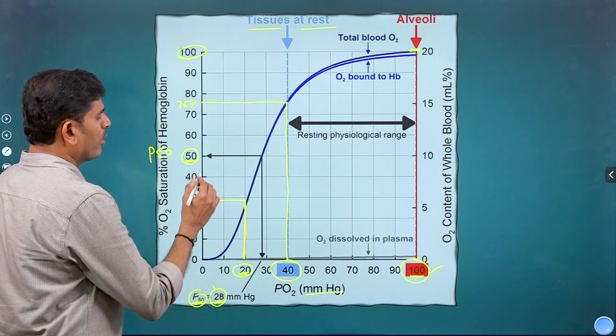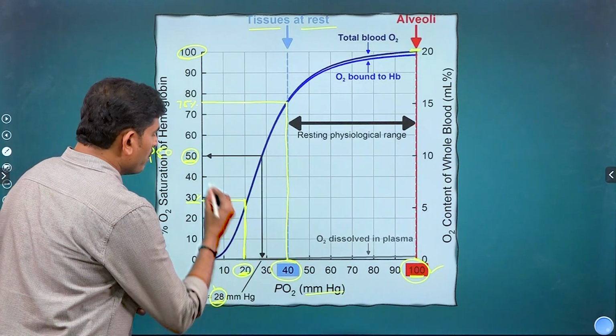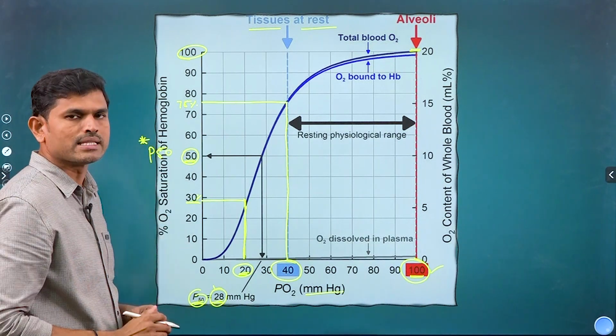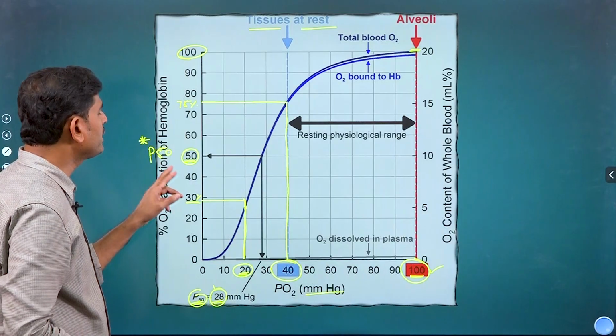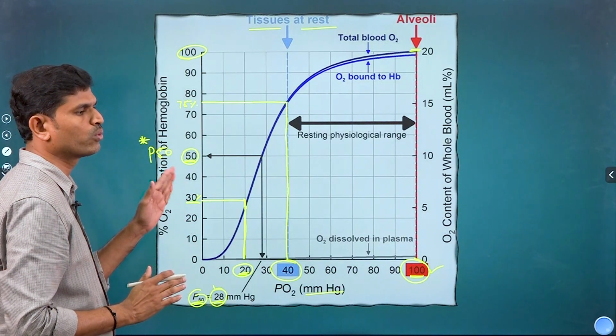And here one more thing we have to remember, the P50 value. P50 is not mentioned in NCERT, but P50 means 50% saturation of hemoglobin.